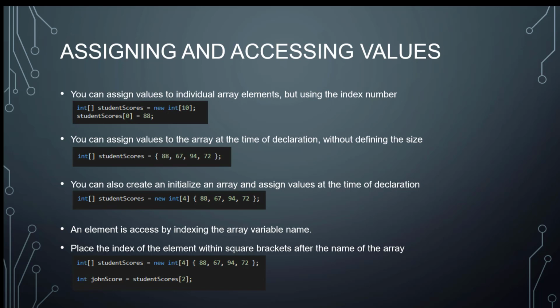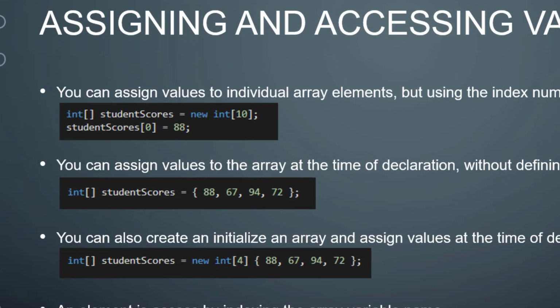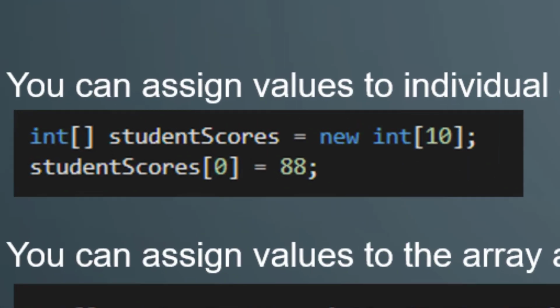So assigning and accessing values. You can assign values to an individual array element by using the index number. So again, let's go back to our example, where we declare an array of type integer. We name it student scores. We assign to it a new memory location holding 10 instances of integers in contiguous memory as part of this array.